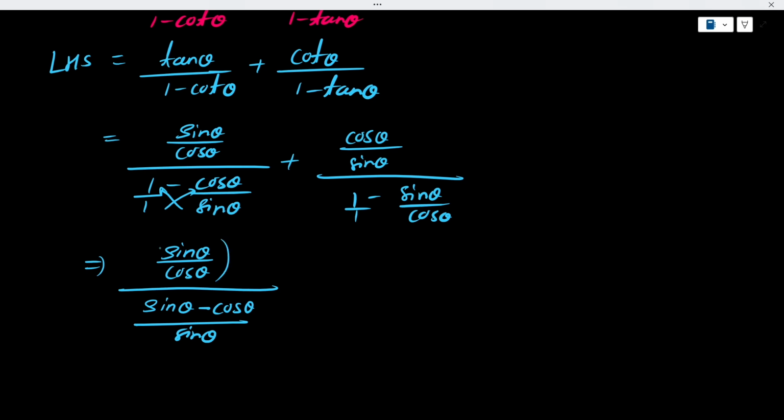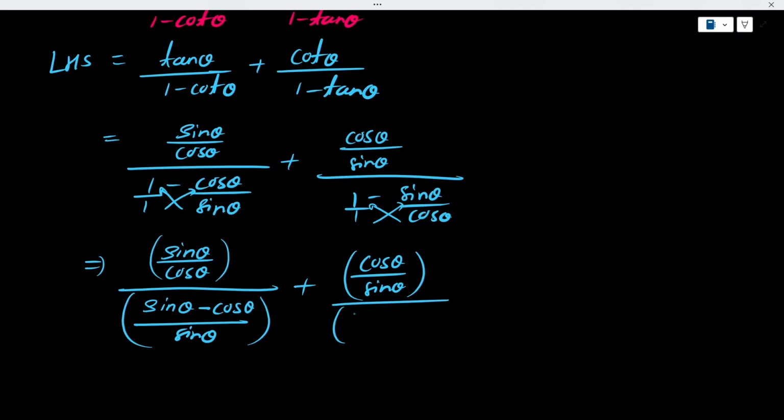Now you can put the bracket to see the proper numerator and denominator of this fraction. Then here again, this is cos theta by sine theta, and get the LCM. You can do cross multiplication. It is cos theta minus sine theta by cos theta.